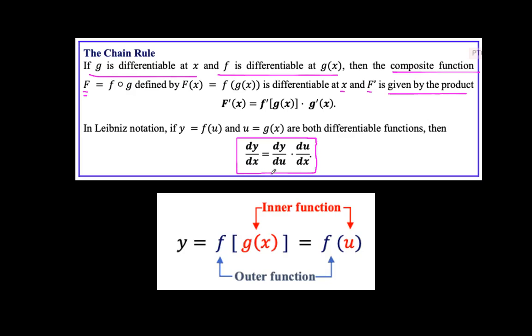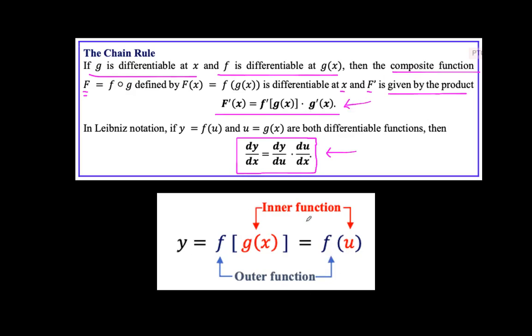For me as a teacher, I prefer this one, but you can also use this. It depends on how you perceive the process of differentiating a composite function. You can use either, and you'll get the same answer, of course.